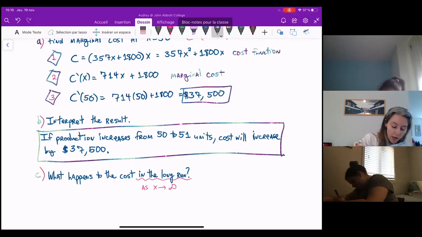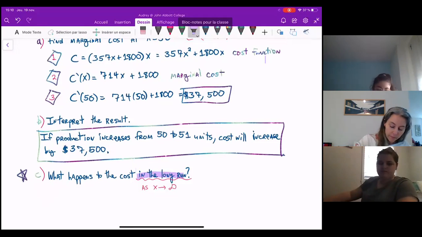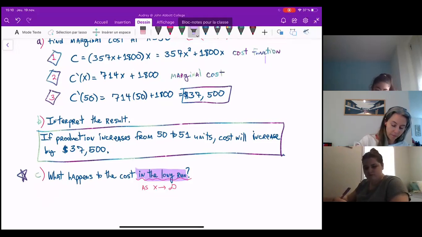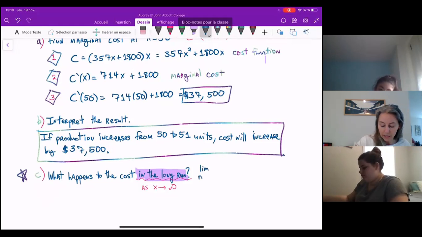So if you're asked about what happens in the long run, then to do that, you evaluate the limit as X approaches infinity of the cost function.